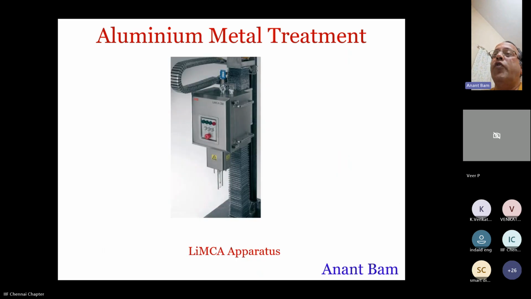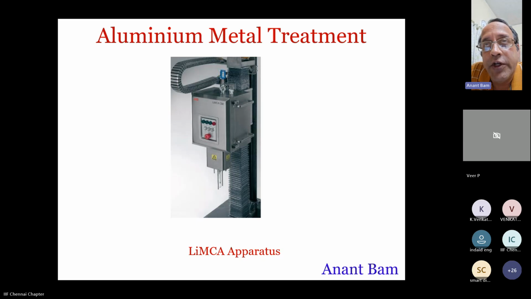This is a photo of the Limca apparatus. All three processes we have seen are for predetermination of inclusion level, or predetermination of cleanliness, or how oxide free the metal is. Unfortunately, all these three methods are patented by foreign companies.